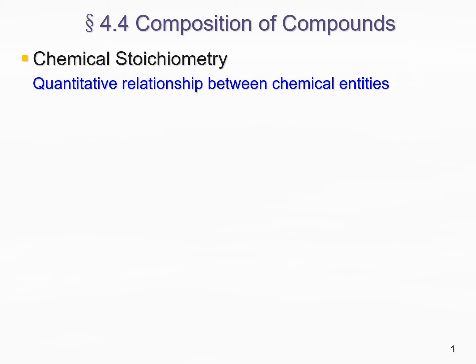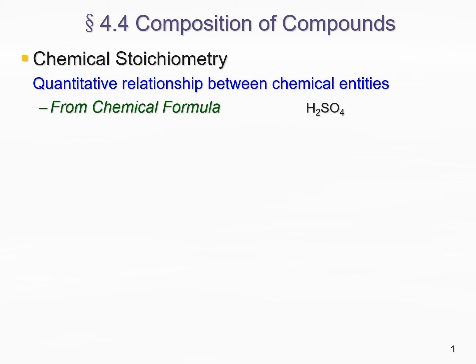Remember, for chemical compounds, we could have molecules versus atoms, compounds versus ions. So we still talk about the numerical relationship between the two different entities. So we start our discussion focusing on this perspective.